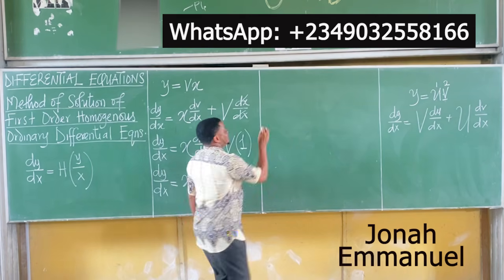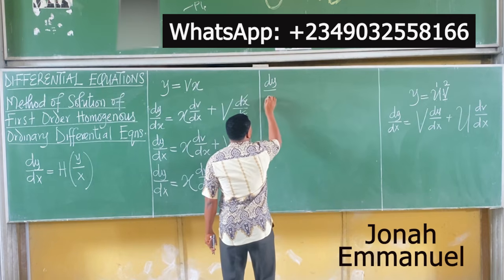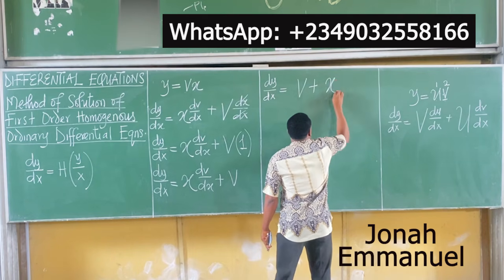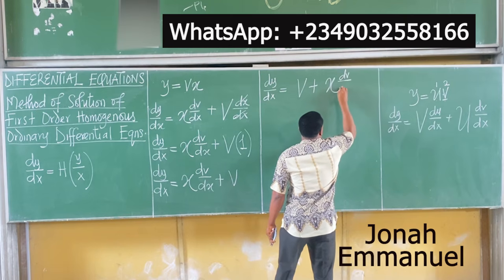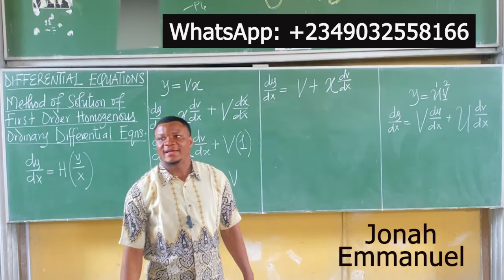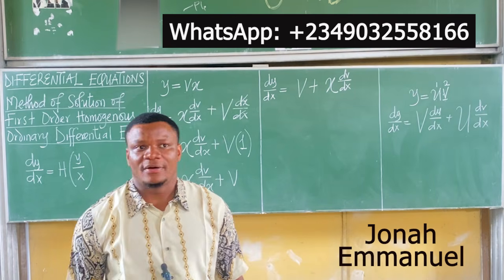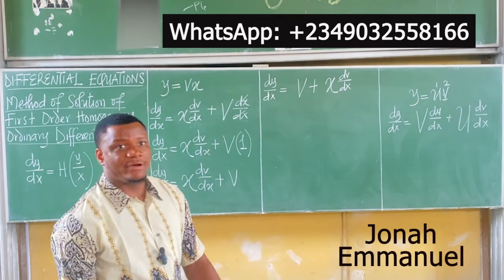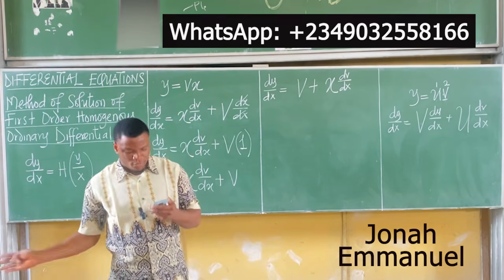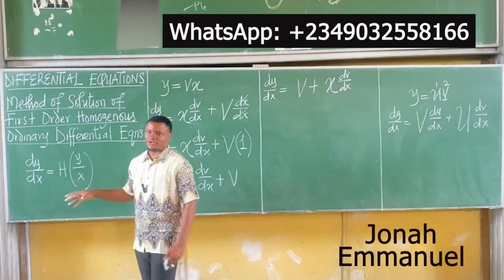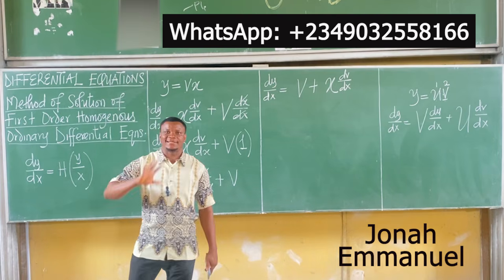So dy/dx is equal to v plus x dv/dx. Just understand how they got this. Most people will tell you to put dy/dx as v plus x dv/dx. How? I've just shown you how they got it. Product rule differentiation.